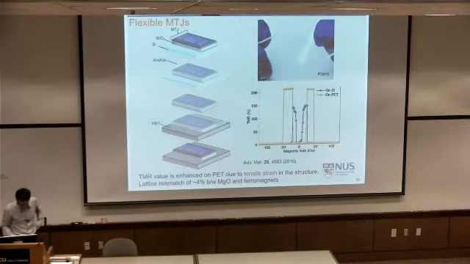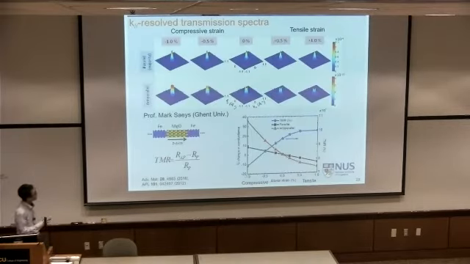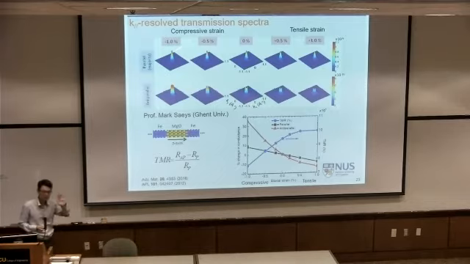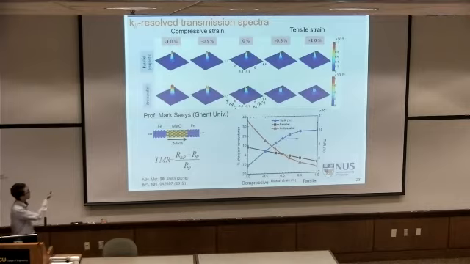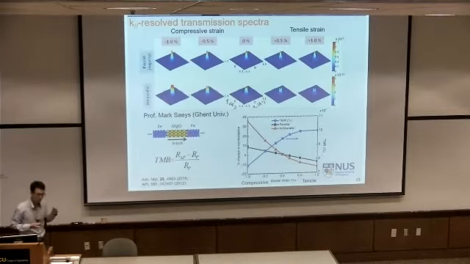So we tried to understand what is going on. We had a collaboration with Professor Mark Sayes in Ghent. He did the k-resolved transmission calculation. Basically this is a quantum mechanical transmission probability calculation. In parallel alignment, when two magnetic electrodes are pointing in the same direction, there is not much change regardless of tensile or compressive strain. This is a particular feature of MgO. This tunnel barrier is very robust against any disturbance in the case of parallel alignment, not like aluminum oxide.